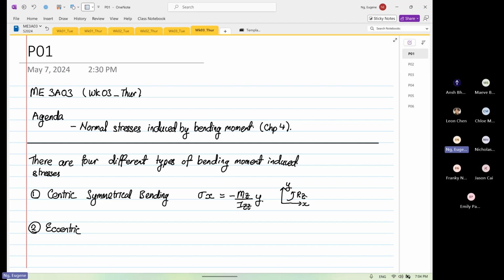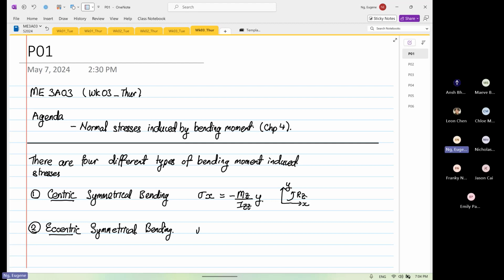So you have eccentric symmetrical bending. The difference is one is centric, the other is eccentric. Both are still symmetrical.